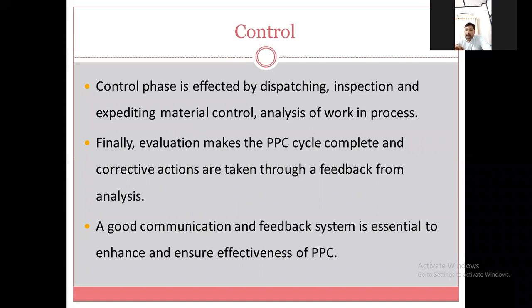Finally, evaluation makes the PPC cycle complete, and corrective action is taken through feedback from analysis.